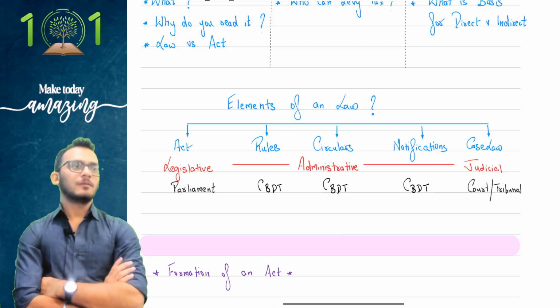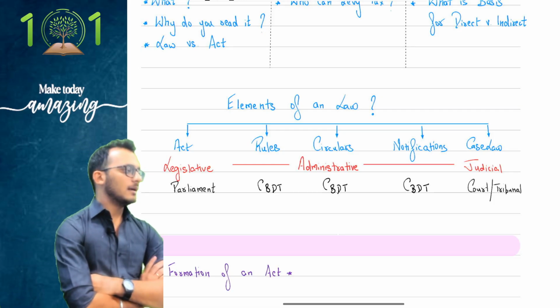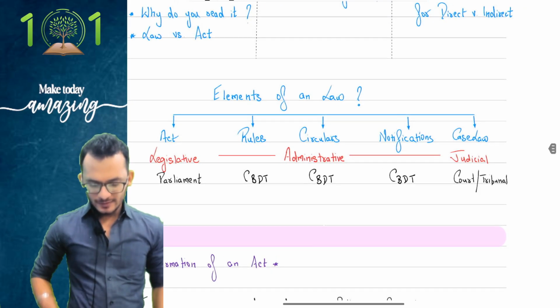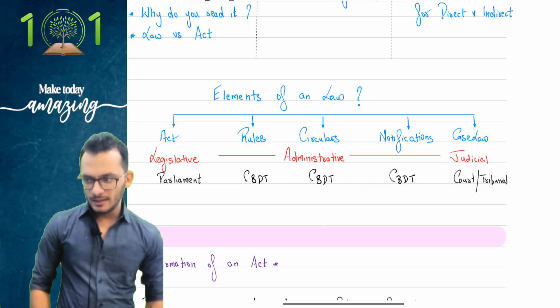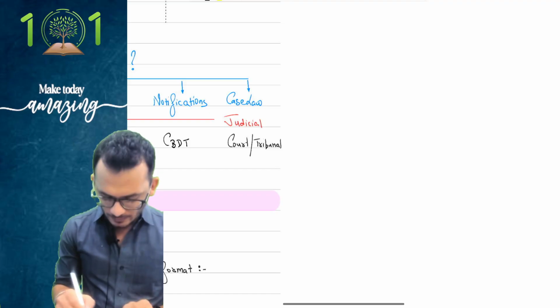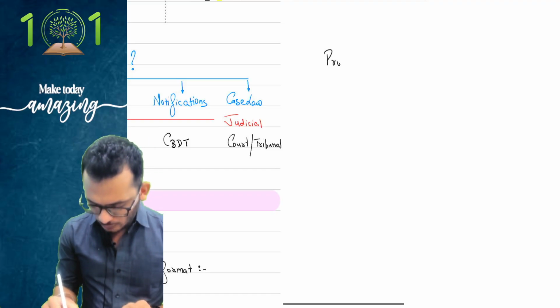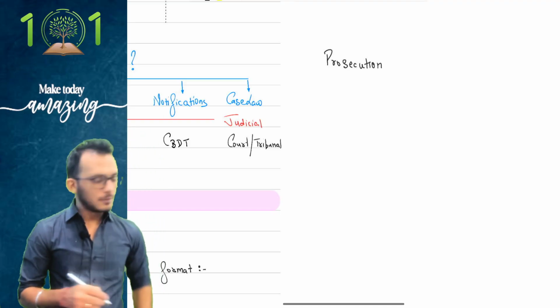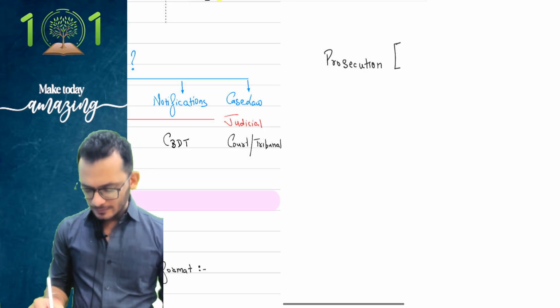Sections which provide for the penalties and prosecution, within bracket, imprisonment.